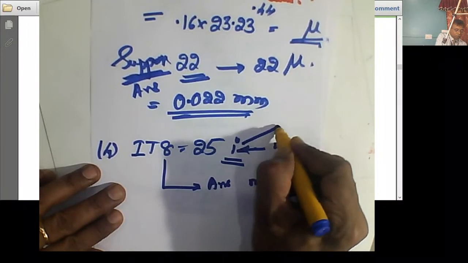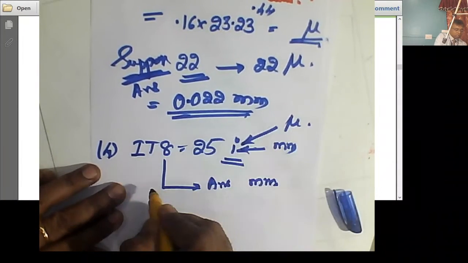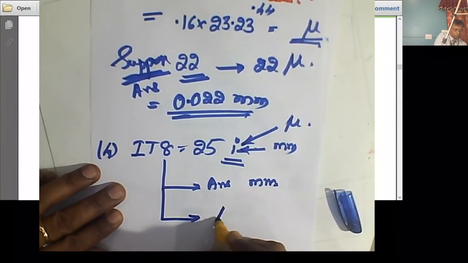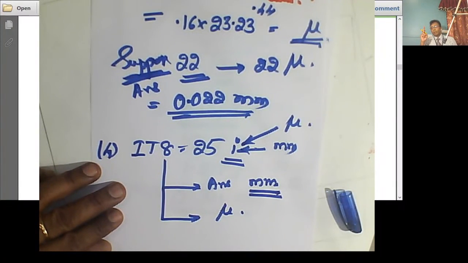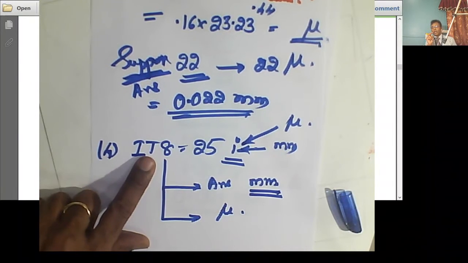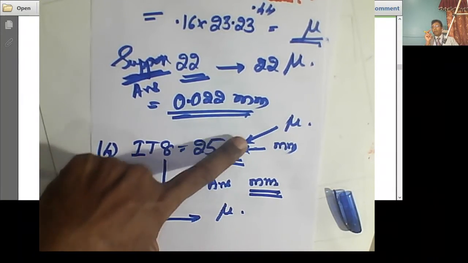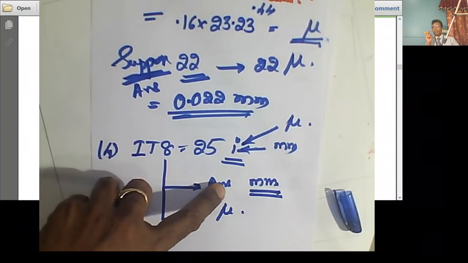But if you substitute I in microns, obviously IT8 will be in microns. Finally, you need the answer in millimeters only. IT8 or IT10, 25i, 40i. So depending on whether you substitute I in millimeters, you get the value in millimeters; if you substitute I in microns, you get it in microns.